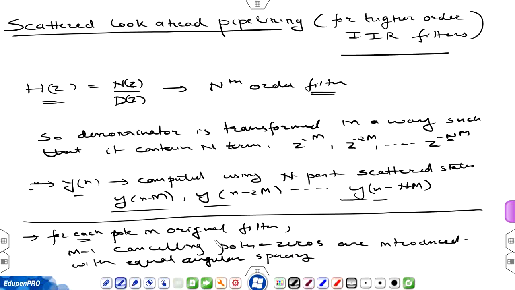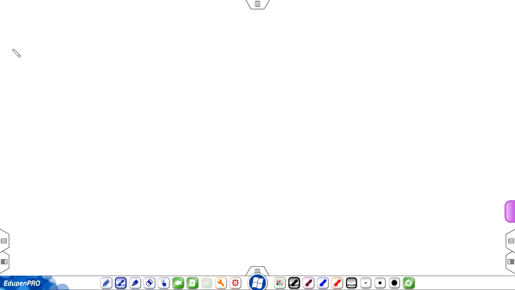Okay, for example, suppose the pole is at z equal to p. So for each pole we are introducing M minus 1 poles and zeros.